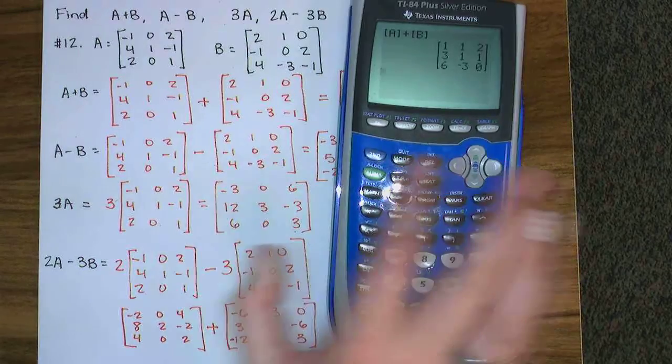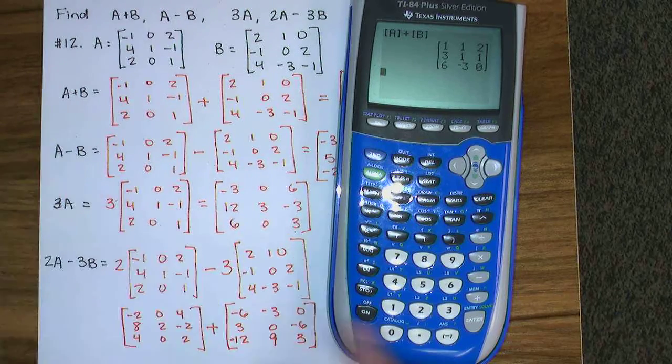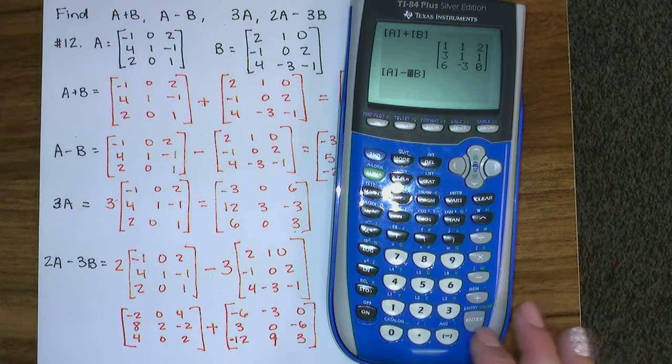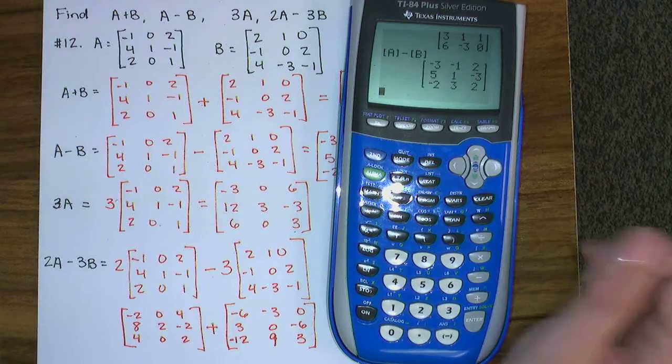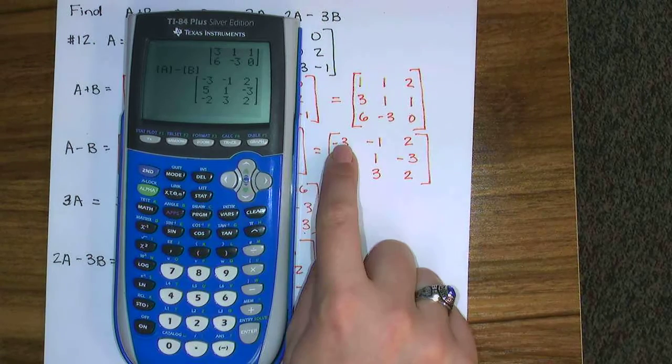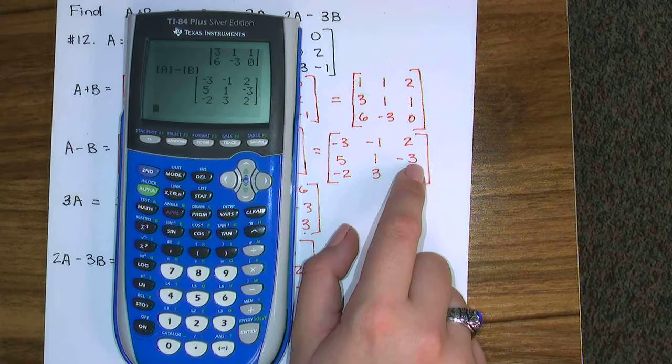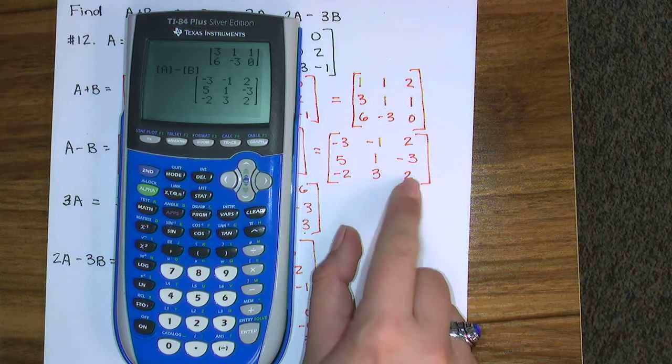Now, I just need to change the sign, so I'm just going to do second and then entry, and change it to a minus sign. Now I can check this one. Negative 3, negative 1, 2, 5, 1, negative 3, negative 2, 3, 2. So that one was correct.